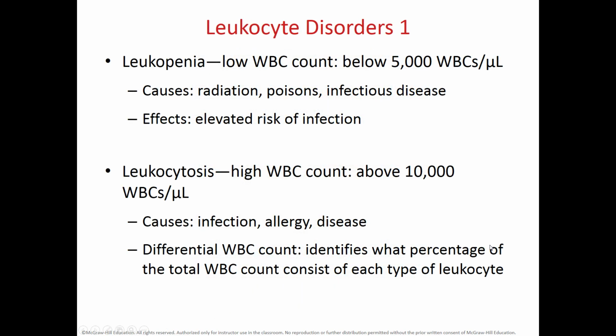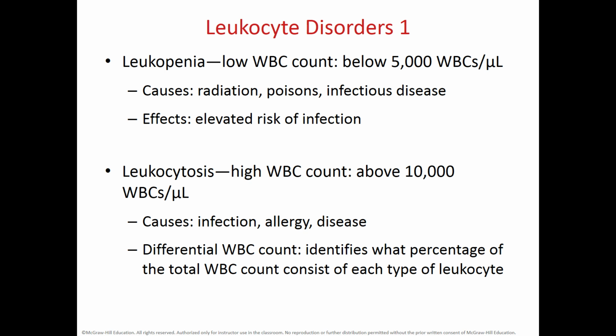Some disorders of the leukocytes. Someone can have a low count of leukocytes, which is known as leukopenia, and in this case, the person will have less than 5,000 leukocytes per microliter. Causes for leukopenia will be if someone were subject to radiation, so that will damage the stem cells in the bone marrow, and consequently the person won't form as many white blood cells.